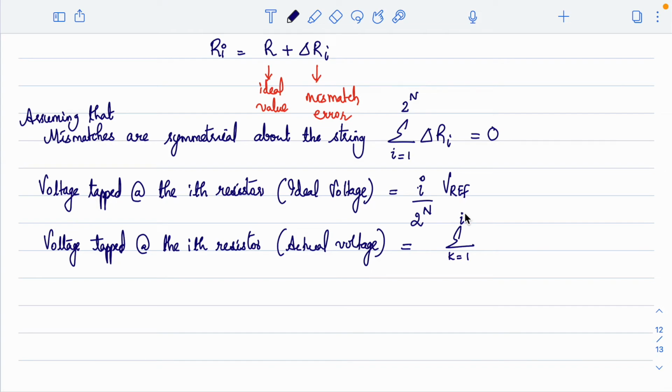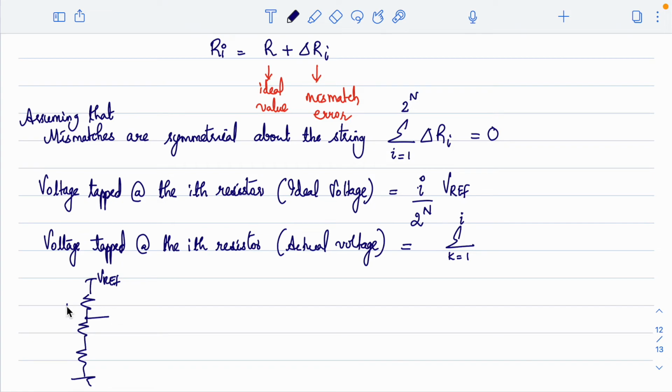So if I want to find the actual voltage, the numerator will be the sum of all the resistors up to that term, right? Maybe I will just take a simple example here. Say for example, I want to find the voltage at this node.